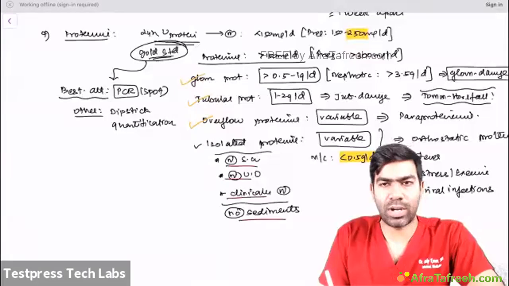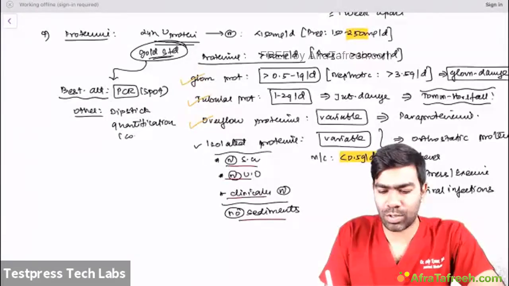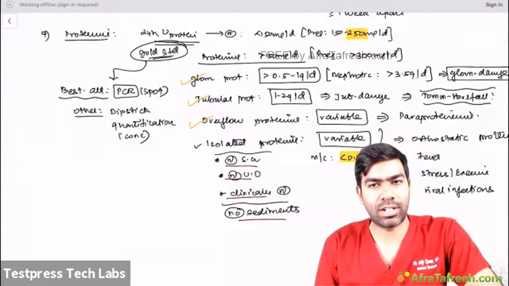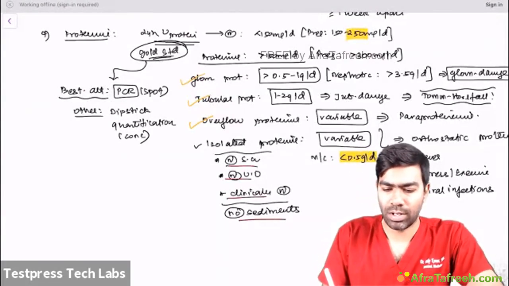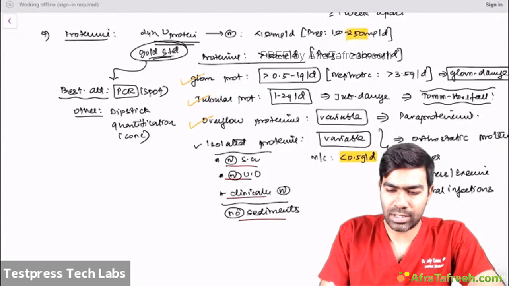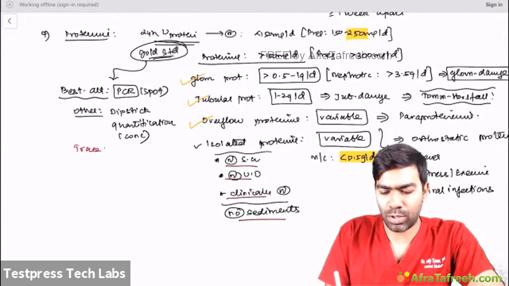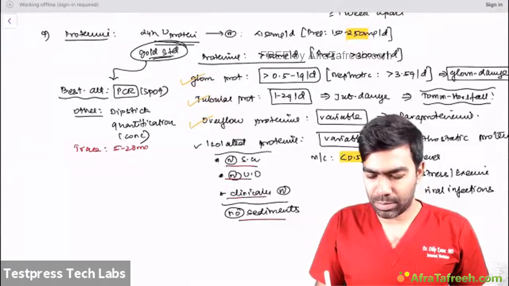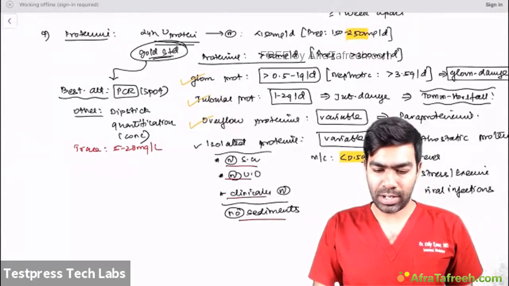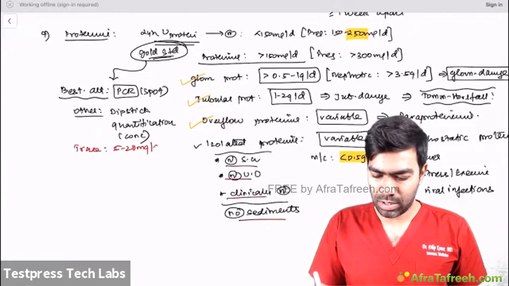And remember, dipstick quantification is based on the concentration of protein. We are finding the concentration of the protein and not measuring the amount of protein per day. That's very important. For example, if the dipstick tells trace proteinuria, the patient has 5 to 20 milligrams per deciliter.